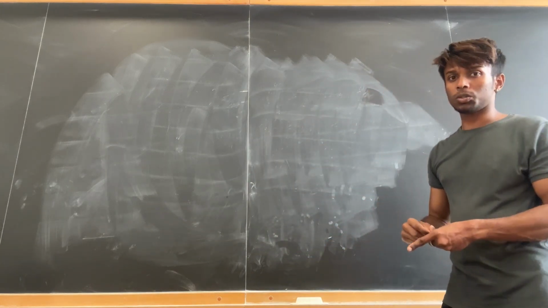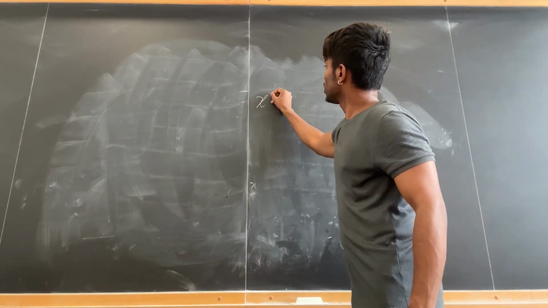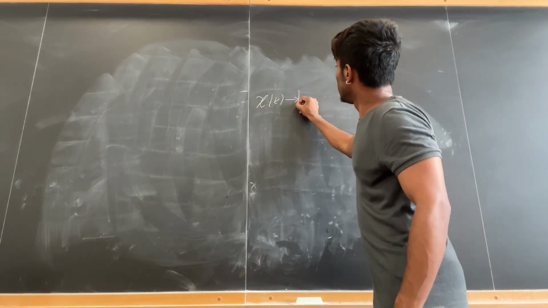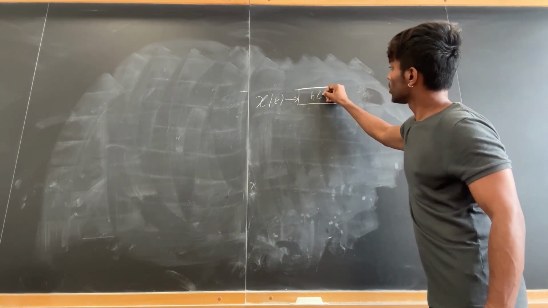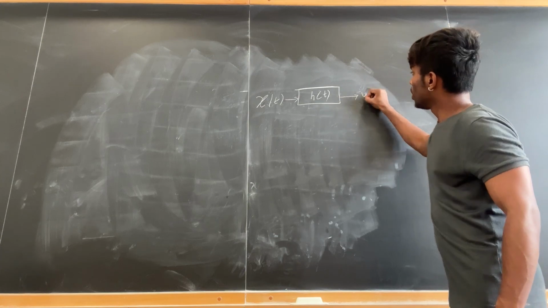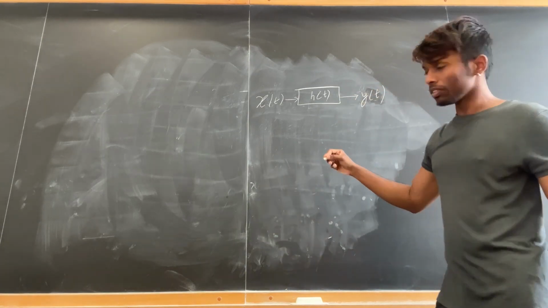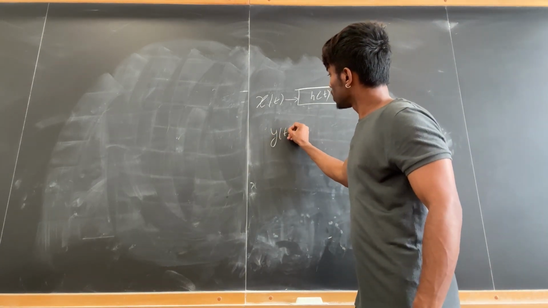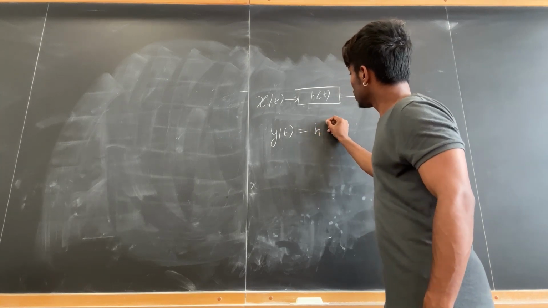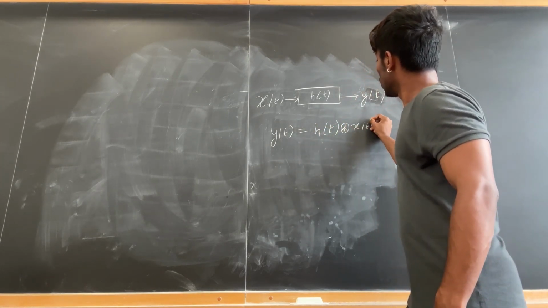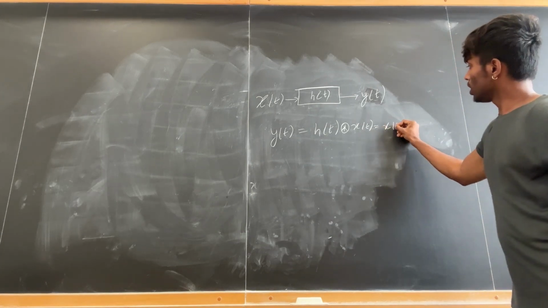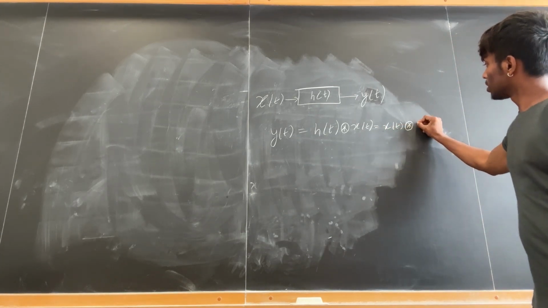So any input to the system, that is x(t), goes into an LTI system with an impulse response h(t). The output of the system y(t) shall be given by y(t) is equal to h(t) convolution x(t), or is equal to x(t) convolution h(t).